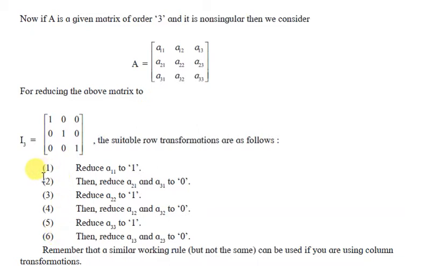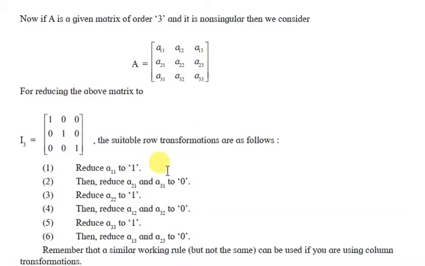So see the first step. The first step is to reduce A11 to 1. A11 means the value in the first row and first column has to be converted to 1. For this conversion to the number 1, you always have to use scalar multiplication of the row.